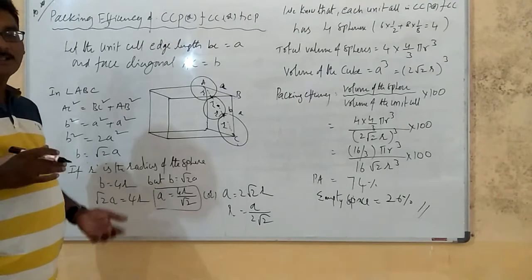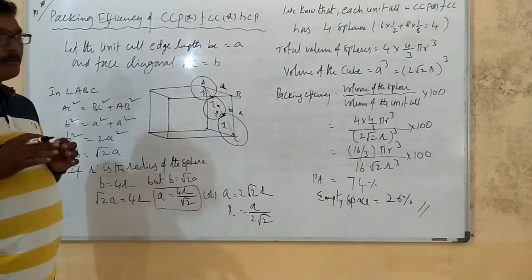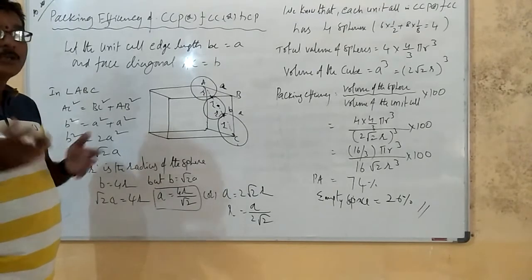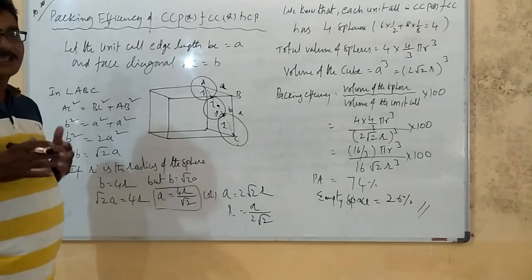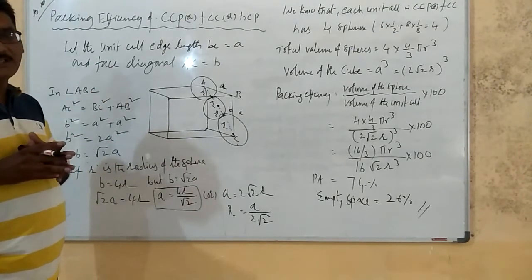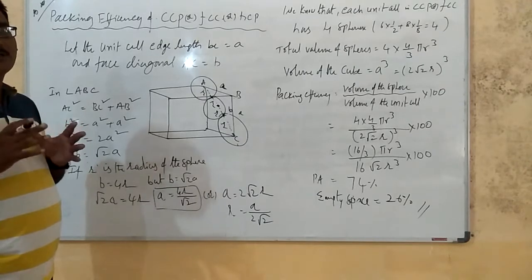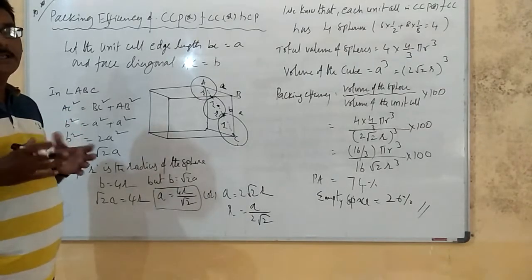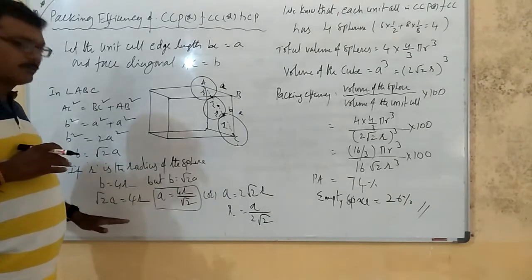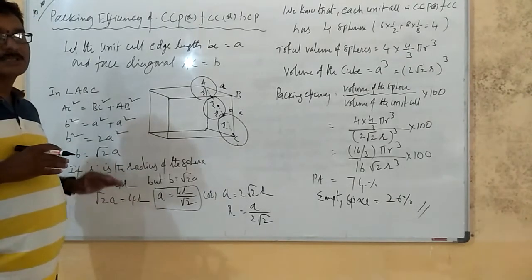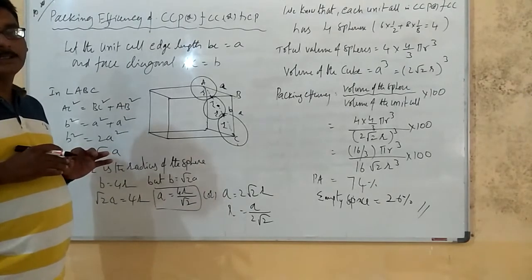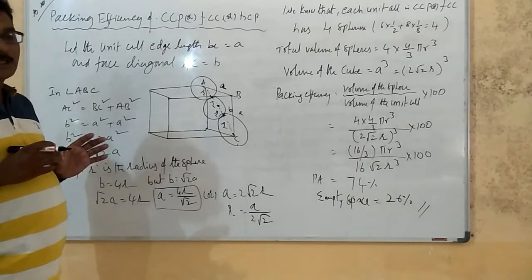Your packing efficiency formula, volume of cube unit cell, is A cube, where A means edge length. That's why in all packing efficiency derivations, first you have to calculate the A value, then substitute A with the sphere radius. Automatically you get the packing efficiency of simple cube, body centered cubic or face centered cubic lattice.